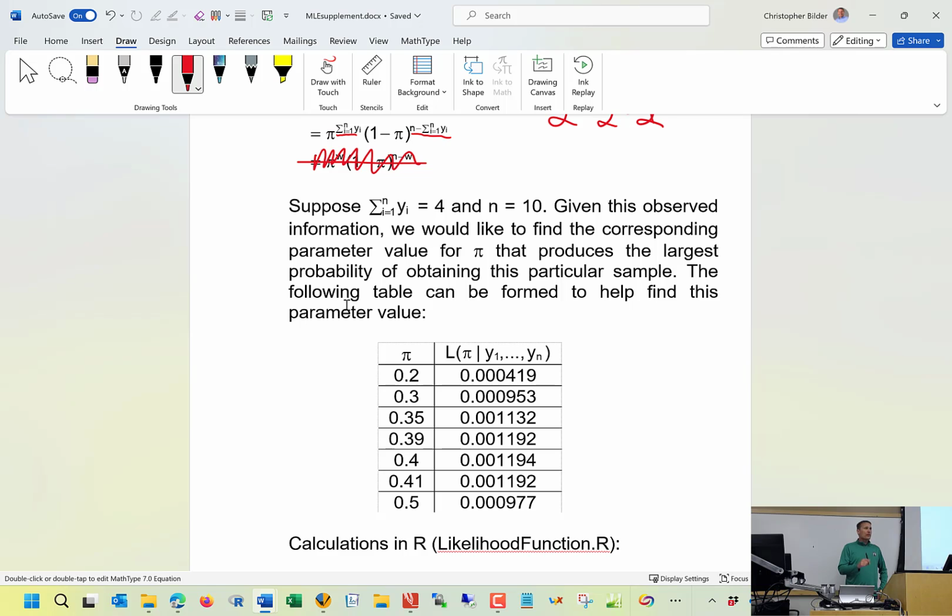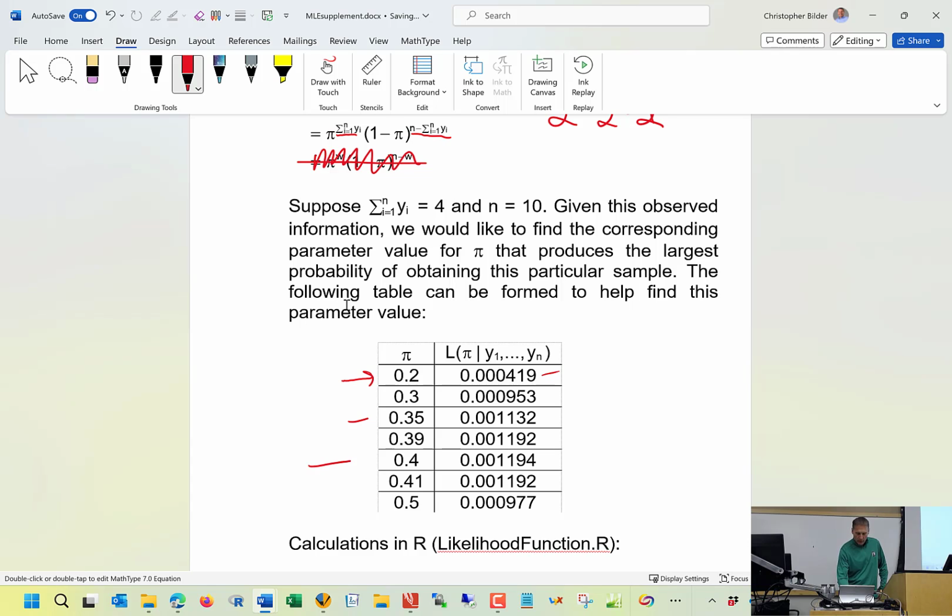The larger this function is in numerical value, the more plausible the corresponding pi will be. So I could put pi equal 0.2 there, and I get 0.000419. I could put 0.35 in there, I get 0.001132. So in terms of this likelihood function, 0.35 is more plausible than 0.2.